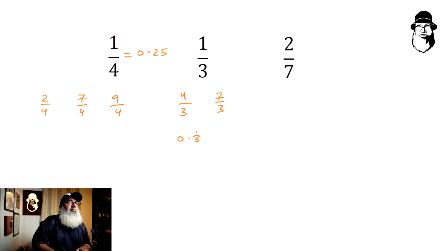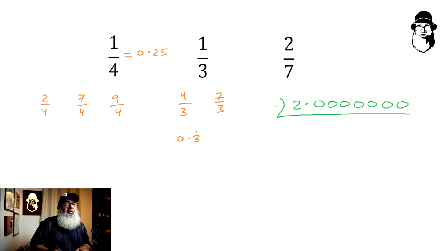But some of them repeat in a longer way, like this 2 over 7. Let's divide 2 by 7 to get the idea of what I am saying here. So we have 2 divided by 7 here. 2 times 0 is 0, and we have remainder 2.